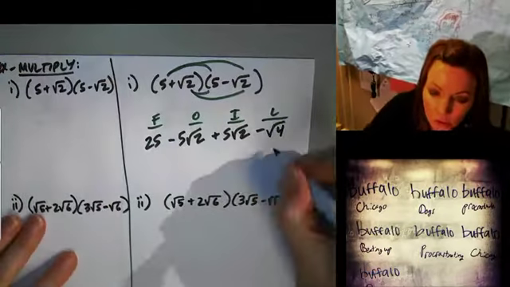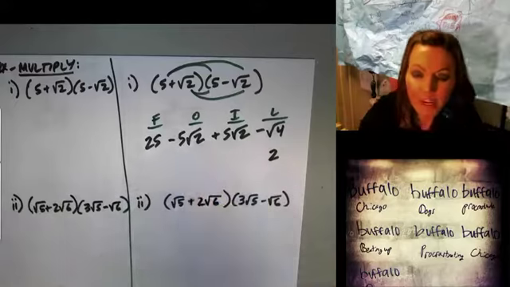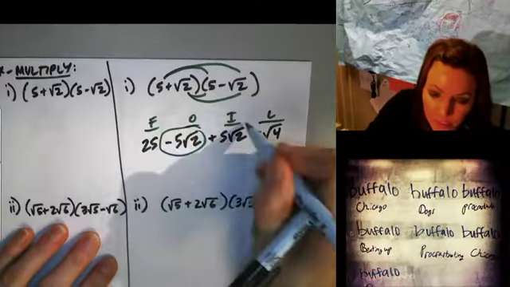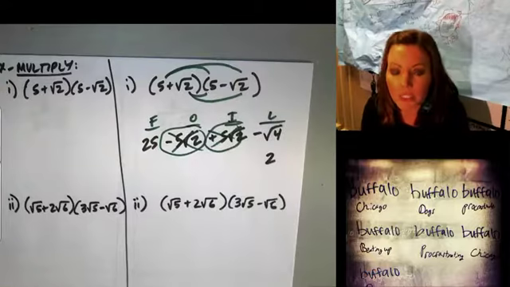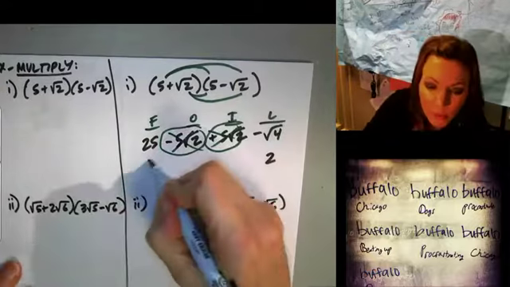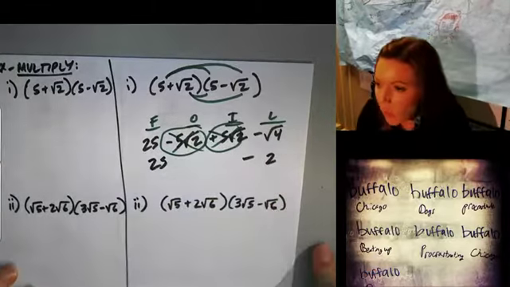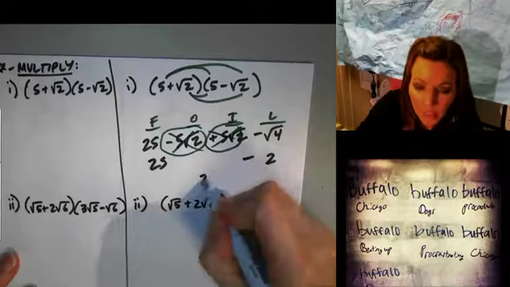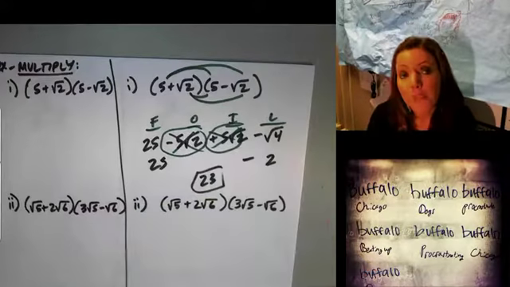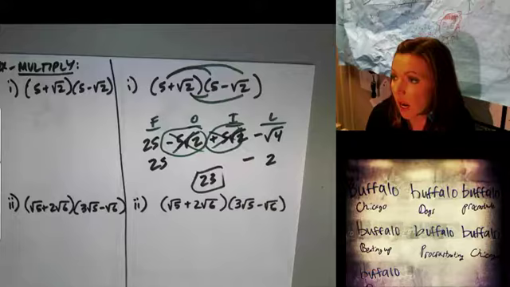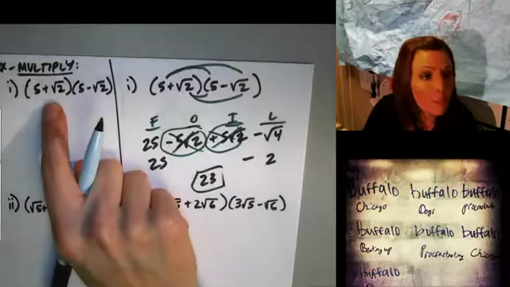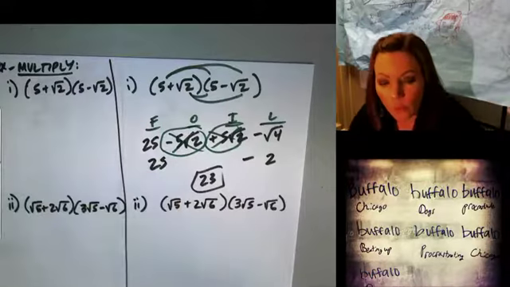What happens to the negative 5 root 2 and the positive 5 root 2? They cancel. I want you guys to keep this in mind as we go to the next problem. We ended up with 25 minus 2, which is what? 23. Okay. We're going to be asked to rationalize more denominators, but denominators that look like this, that are binomial products. Okay, so we want to keep this process in mind.